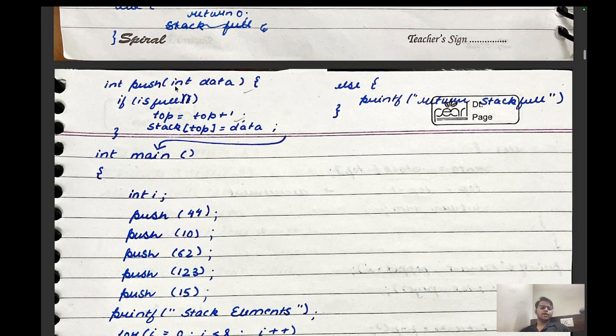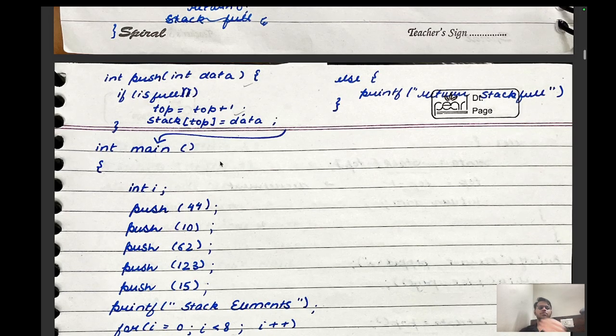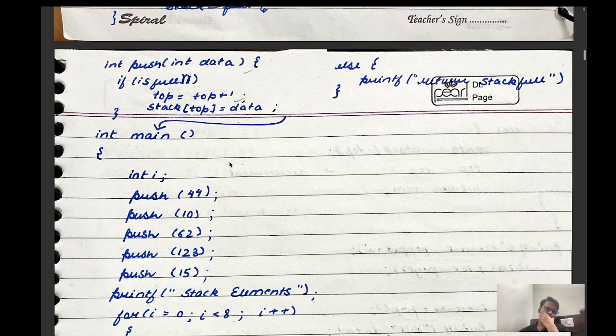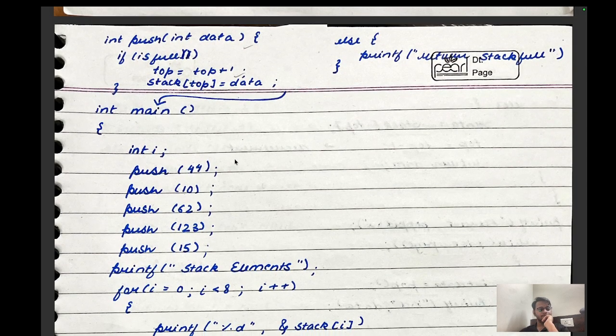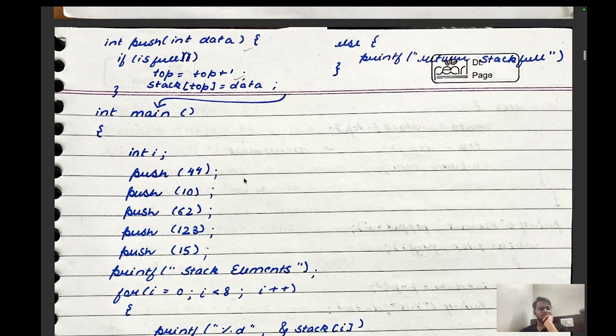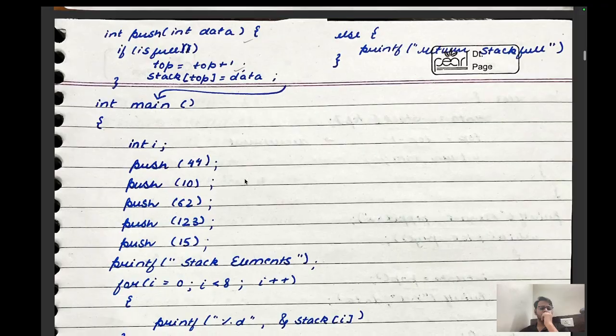In the push function, we first check whether the stack is full or not. If the stack is not full, then top is incremented by one, and stack[top] is equal to data.